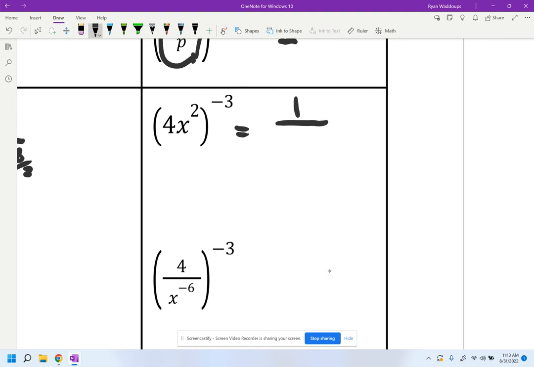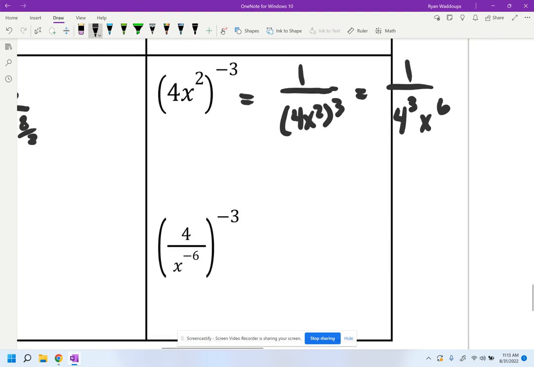That's 1 over 4x squared to the positive 3rd power. So it becomes positive down in the denominator, and that is equal to 1 over 4 cubed x to the 6th power. And if you wanted to multiply 4 times 4 times 4 to get that 4 cubed, that would be 1 over 64 x to the 6th.